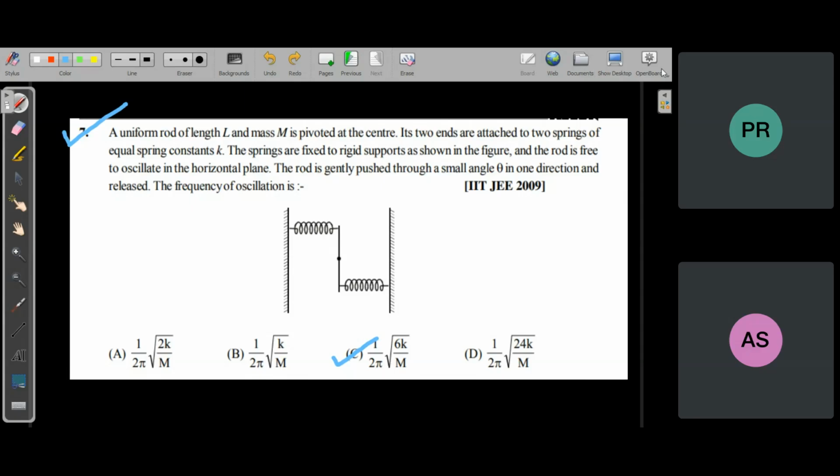About that point, sir, which is the dot mark we can say. Okay, about the center. You have taken the center, no? Yes, sir. So then why are you not able to express clearly? Pivoted at the center. Okay. So that is correct.